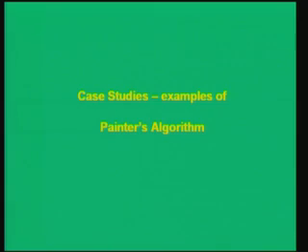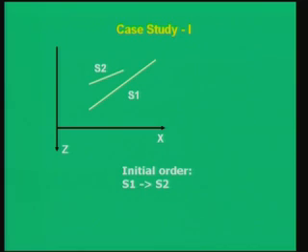Okay. So, we look at the case studies as examples of painter's algorithm once again. A couple of them we had seen in the last class. We will quickly revisit it again. This was the case when we have an initial order S1 and S2, and you can know that this says that the S1 has more depth than S2 as far as the viewing direction is concerned. Negative Z direction is the viewing direction. So, from top to bottom is what you are looking, and the order hence will be S1 and S2.